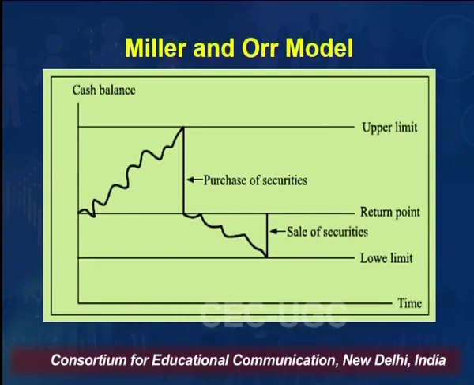In the later part of the diagram, we can see when the amount of cash balance is reducing, now you are not having good amount of cash with you. So, in that case, you can easily sell these marketable securities in the market and convert this amount into cash and use it for normal functioning of your business. So, this is what Miller and Orr model told us.